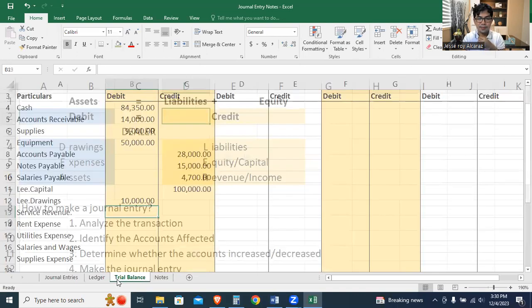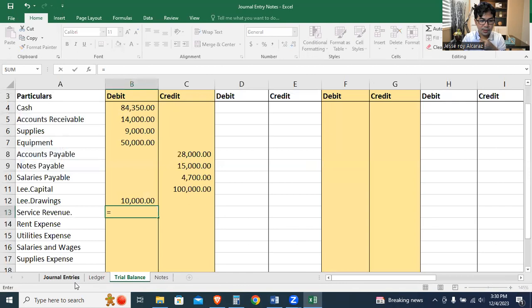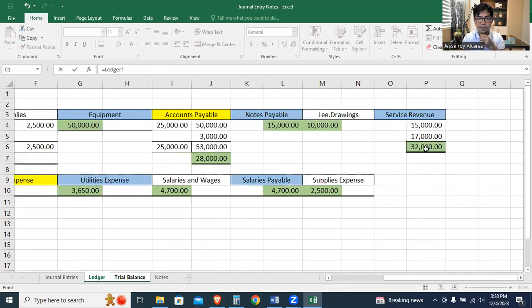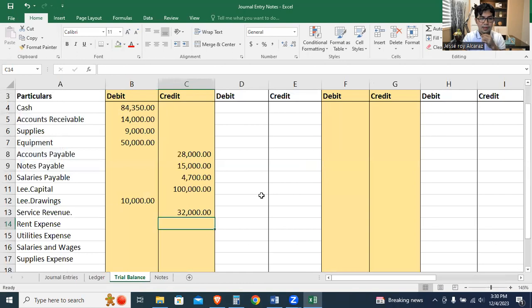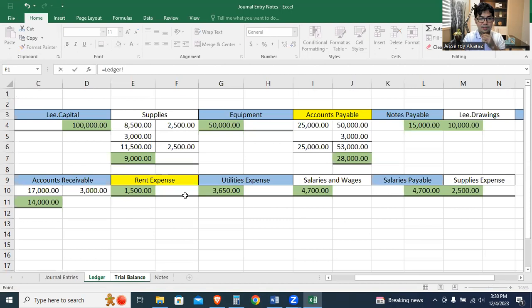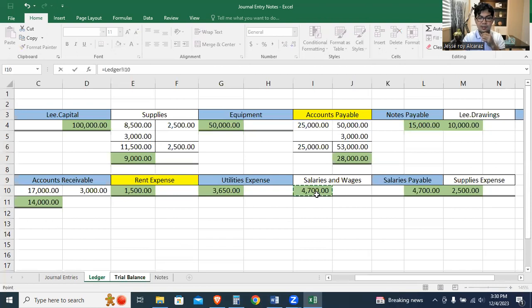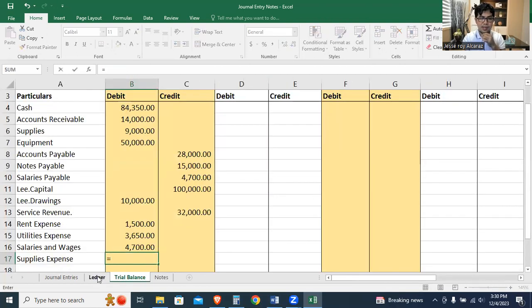Okay, service revenue, that's a credit, 32. Then rent expense, that's a debit since that's an expense. Rent. Utilities expense. Salaries and wages, that's also an expense. And then supplies expense, our last one.